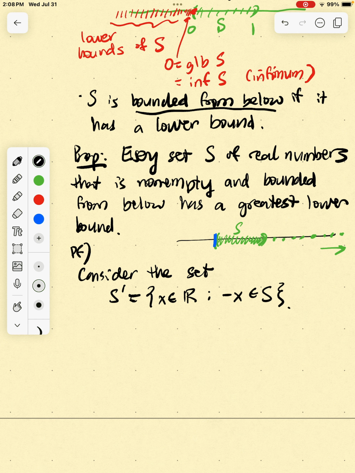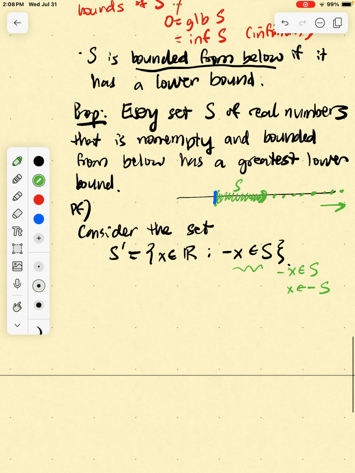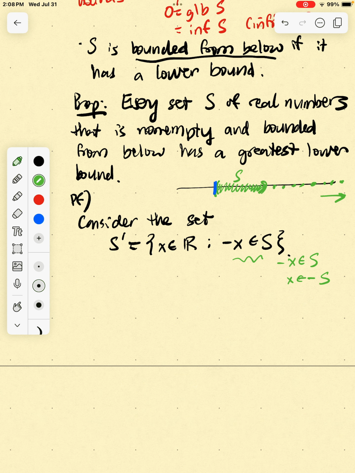So if negative x is in S, then x is in negative S, in other words, negative S being the numbers you get by multiplying by negative 1. So that's S prime. All right, so the first assertion we're going to make is that S prime is bounded from above.